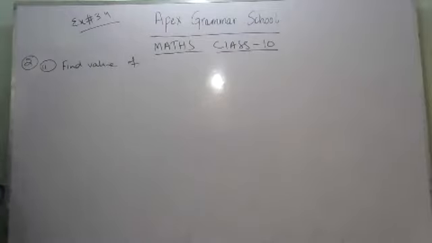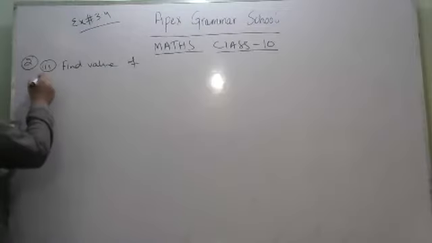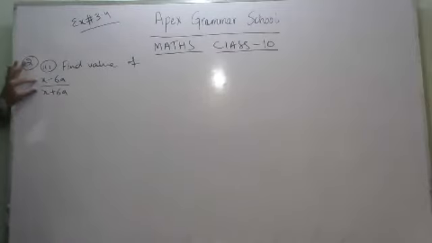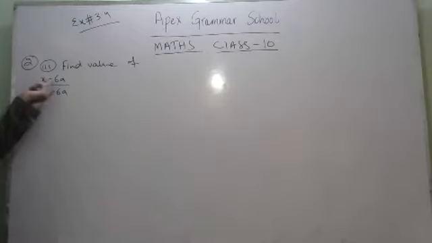The third part of question number 2 of exercise 3.4, that is, find the value of x minus 6b. You can see that again the componendo and dividendo theorem is applied here, but this time the negative operation will be on the numerator and positive on the denominator, and this will not make any difference.